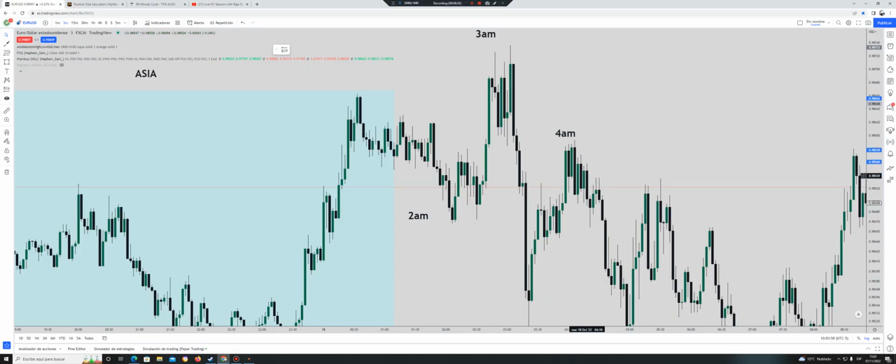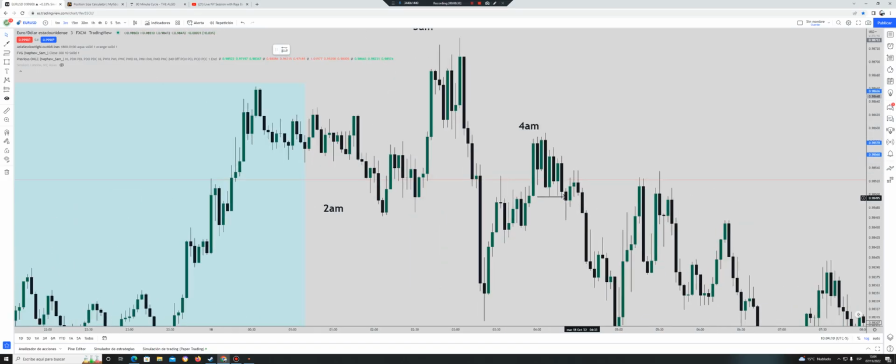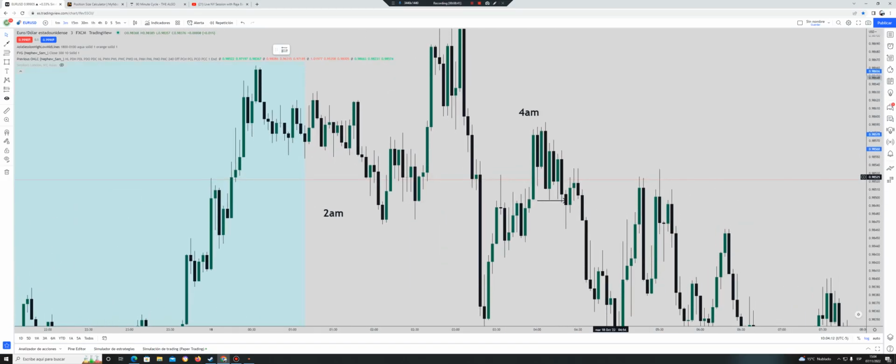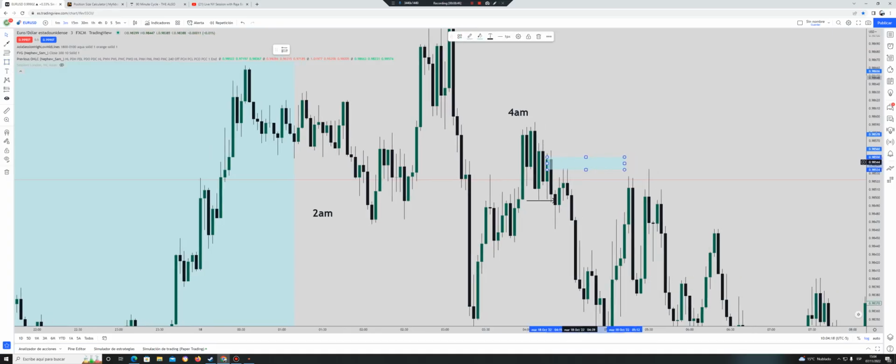We can see how then price breaks this low, this low, and then comes back to this order block, which if we go to this 1 minute time frame, we're gonna find a fair value gap here, or what we got, this order block.